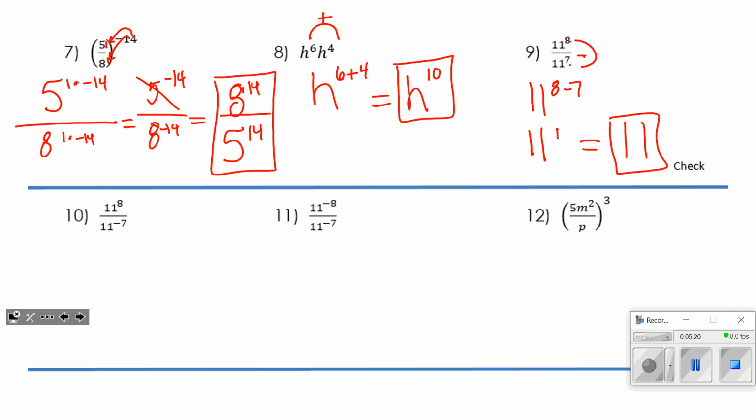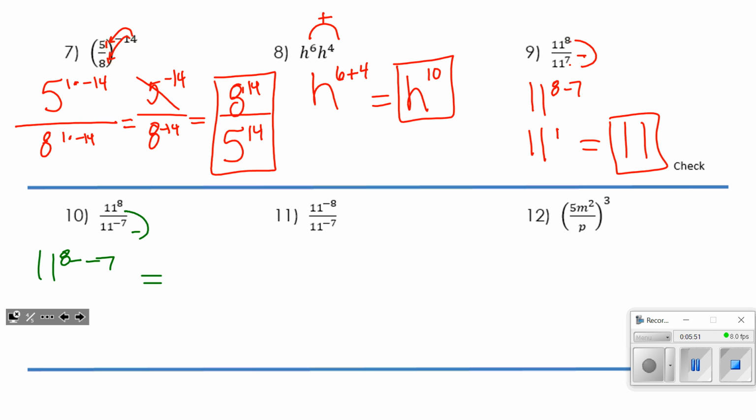Number 10 is very similar to number 9, but it is a different problem because we have that negative exponent. It's 11 to the 8th divided by 11 to the negative 7th. Division, therefore, we are going to subtract the exponents. And my marker is a little bit messed up, so be mindful of that. Sorry about it. So 11 to the 8 minus negative 7.